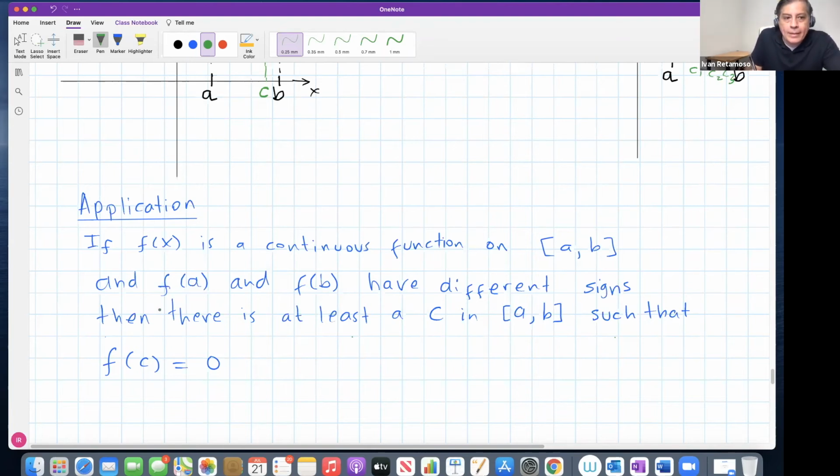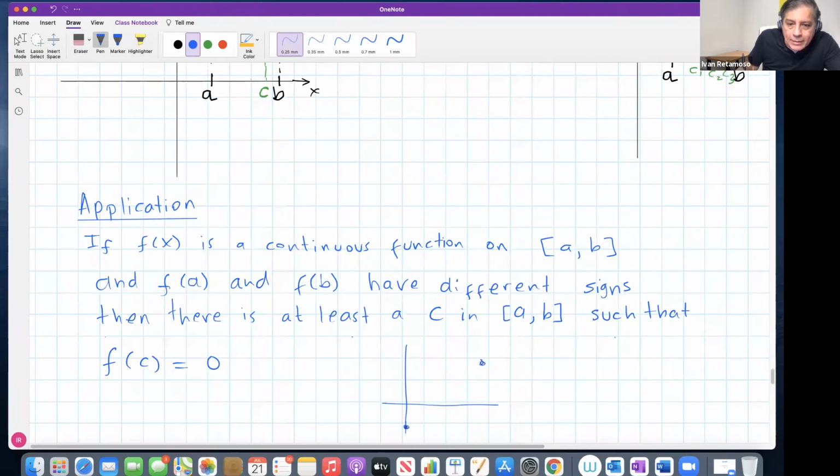If f of x is a continuous function on the interval a comma b, all in one piece, connected over a comma b, and f of a and f of b have different signs, one evaluation positive and the other negative, or vice versa, then there is at least one c between a and b such that the evaluation at c has to be 0, because remember, guys, it went continuously from a negative value to a positive value.